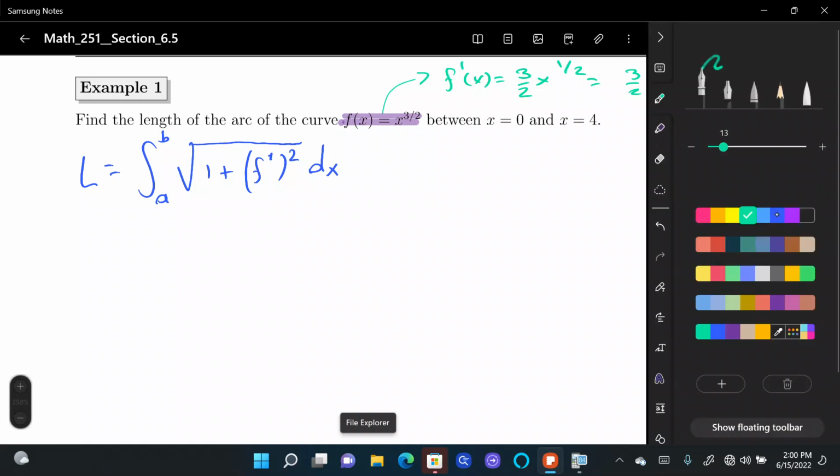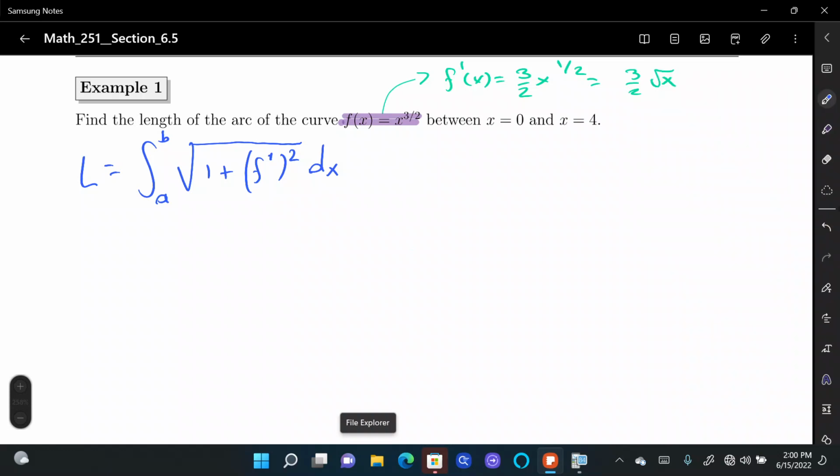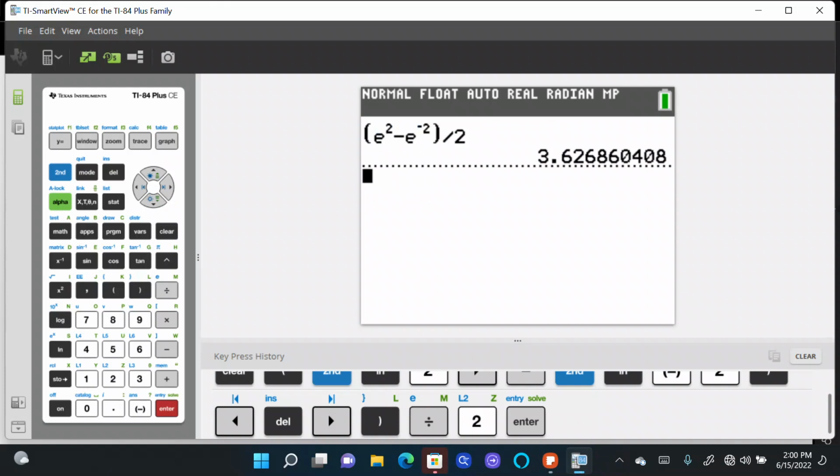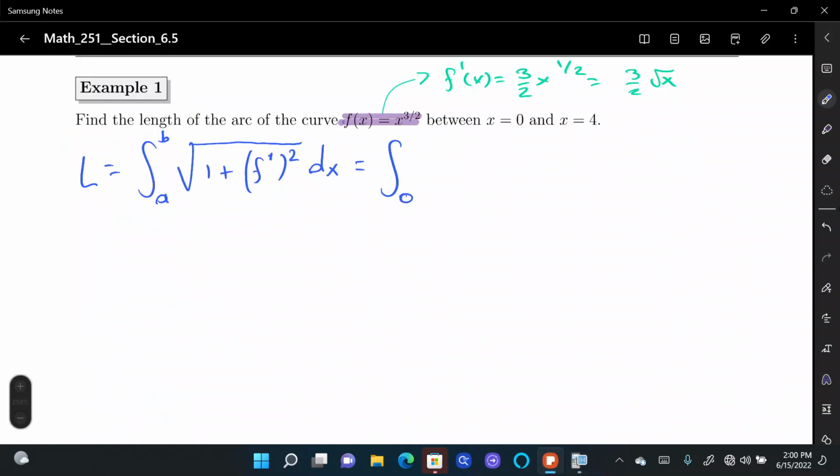So that's the integral from 0 to 4 of the square root of 1 plus that derivative squared, which is 3/2 root of x, with respect to x. Now be careful with everything that's going to happen here.